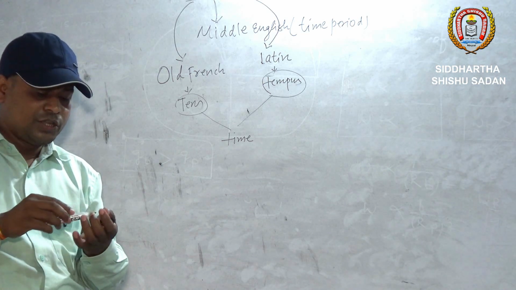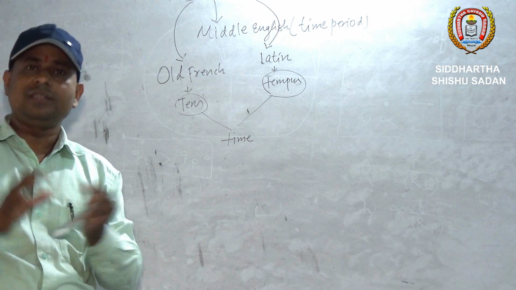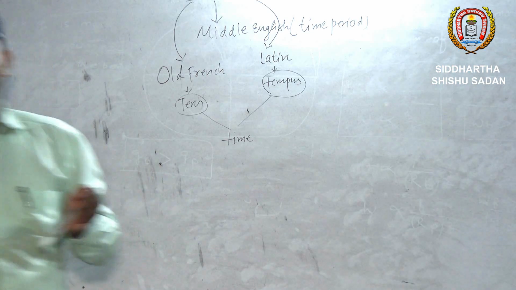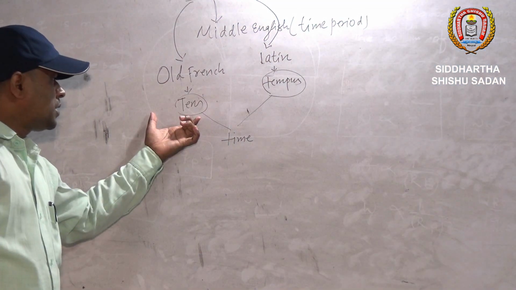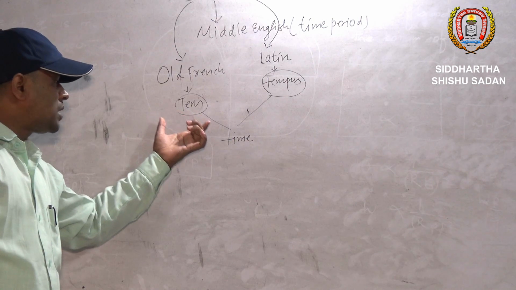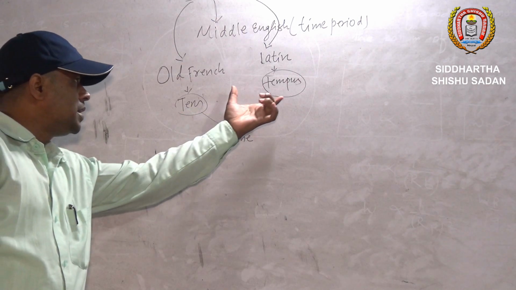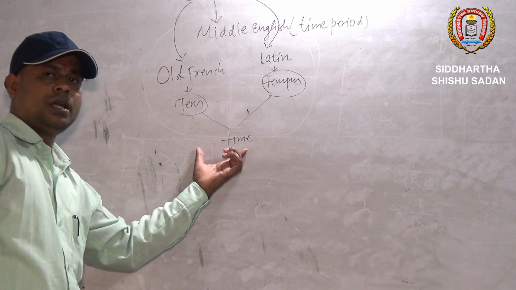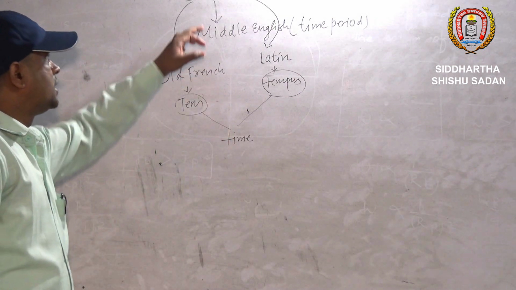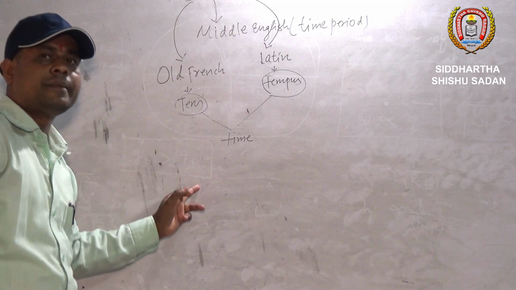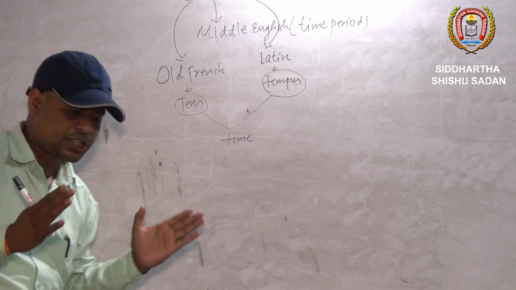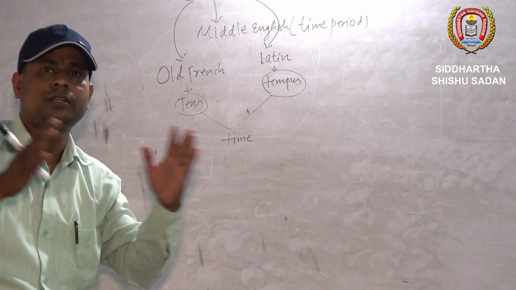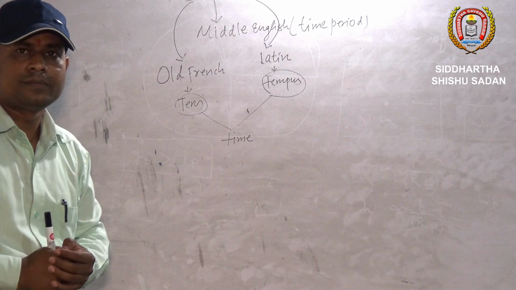If I ask you, dear students, the meaning of tense was time and the meaning of tempus was time. Therefore, we can say that tense has come from time. But tense and time are different.